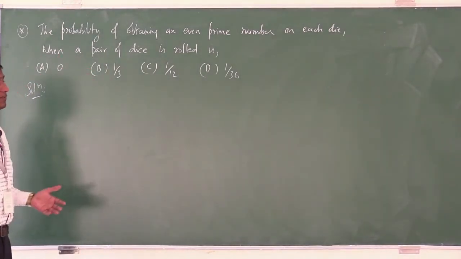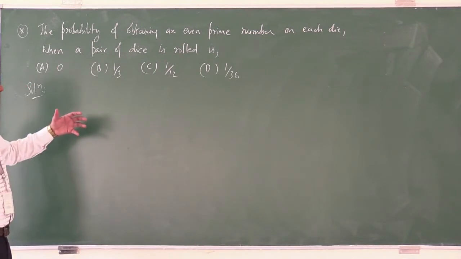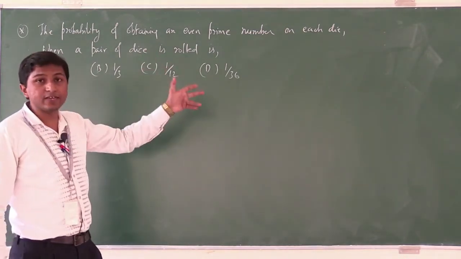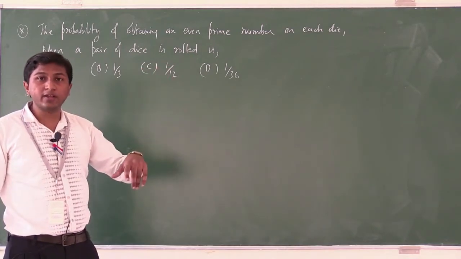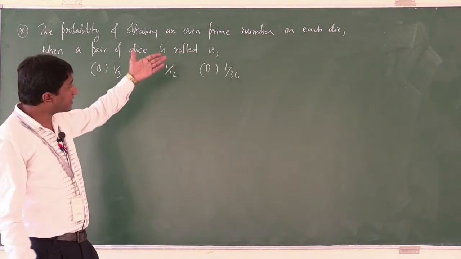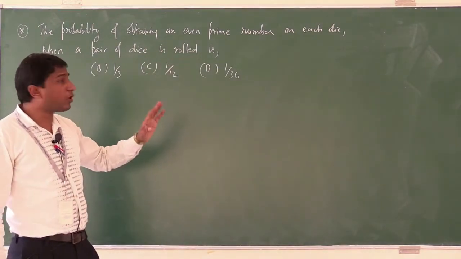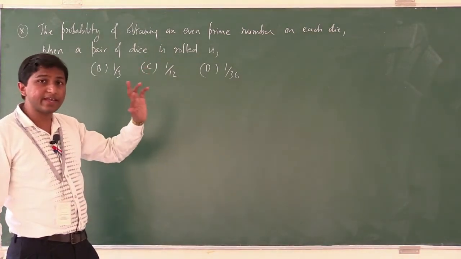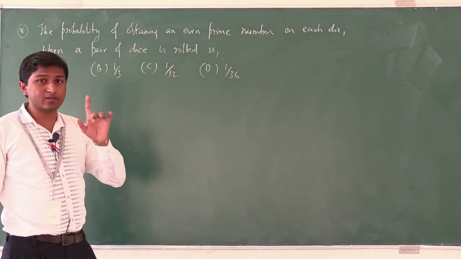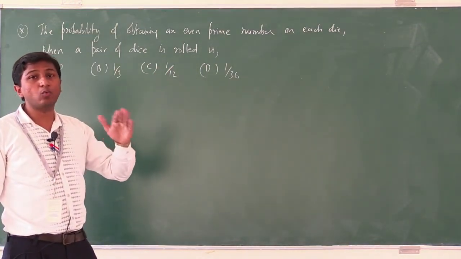Now we have to think about what is the probability of getting an even prime number when a die is tossed one time. It is nothing but 1 by 6.